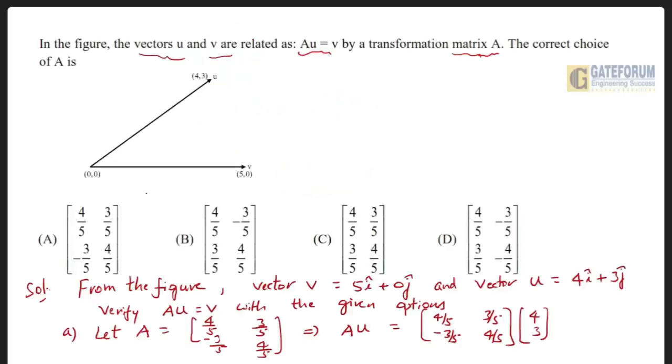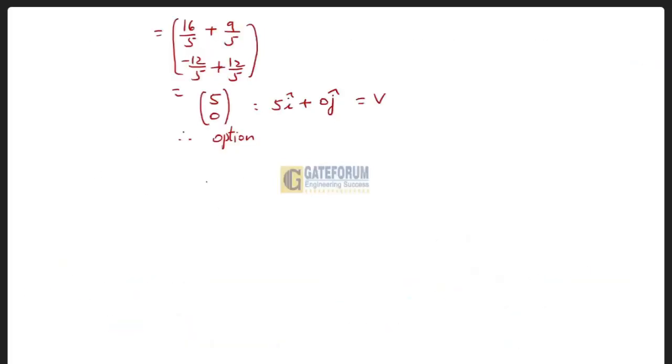Again, this 5, 0 can be written as a vector. Every vector can be represented as a column matrix or row matrix. So this is nothing but V. Therefore, option A is the answer.